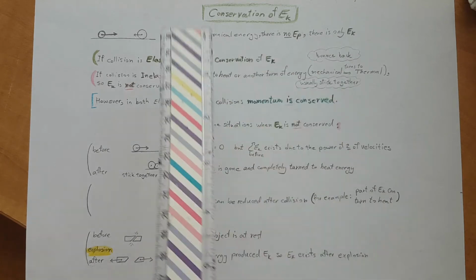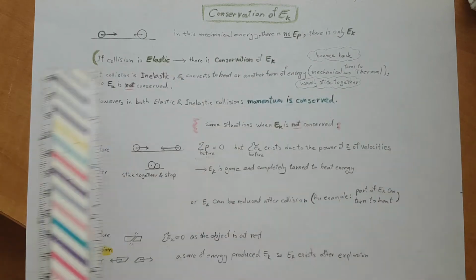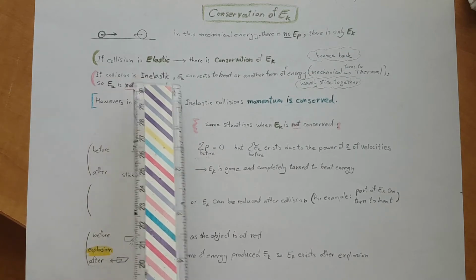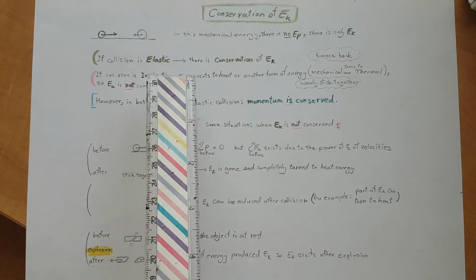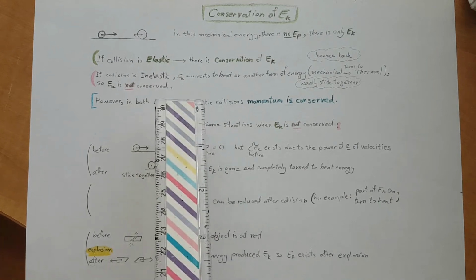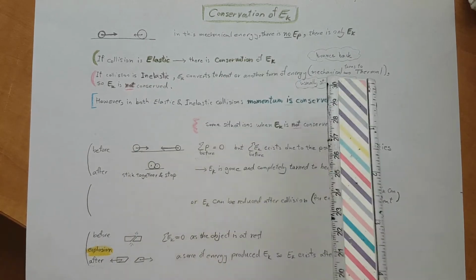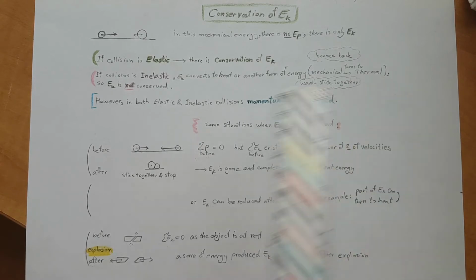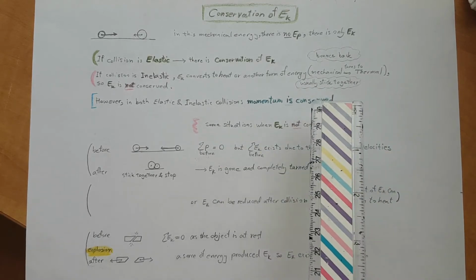So this is the time when they hit each other and they bounce back usually. If the collision is inelastic, then the EK is not conserved because it's going to turn to heat or another form of energy. So the mechanical form of energy turns to thermal form of energy in many cases.